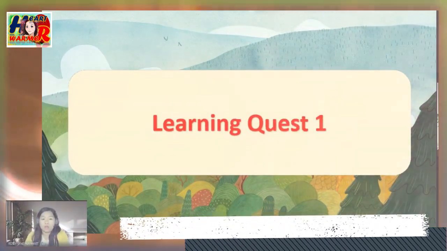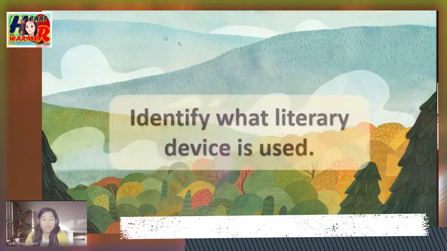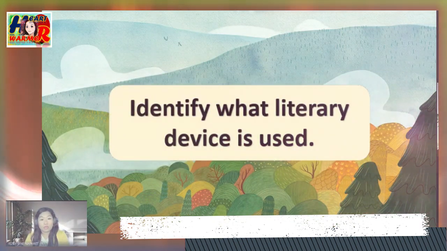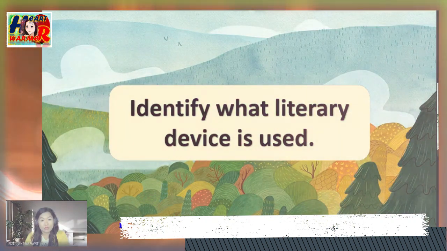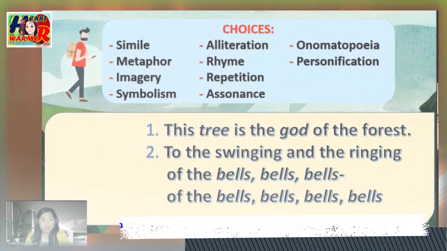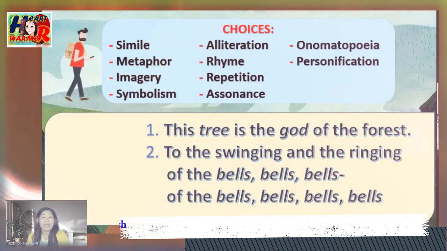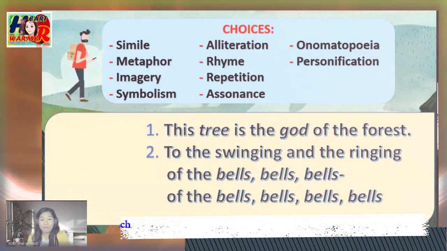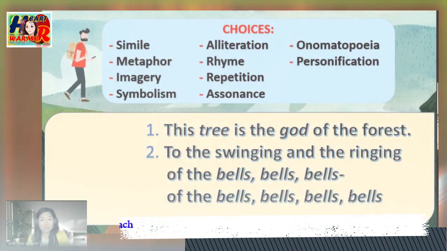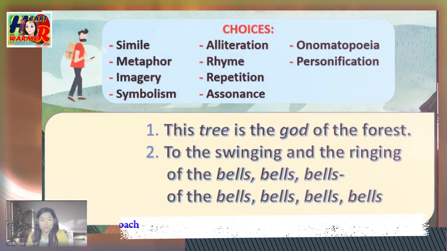Let's head on to learning quest number 1. In this quest, you're going to identify what literary device is used. So these are the choices. We have simile, metaphor, imagery, symbolism, alliteration, rhyme, repetition, assonance, onomatopoeia, and personification.